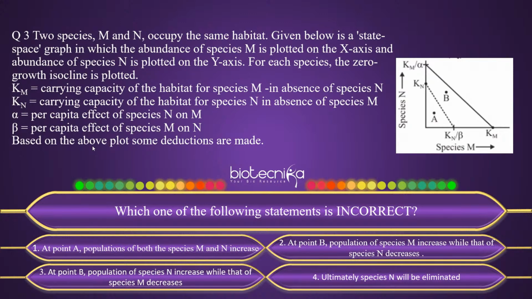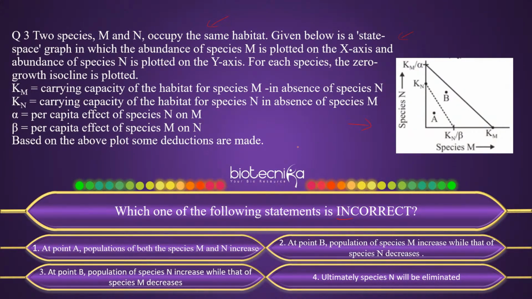Now let us look at our next question, and this is based on the Lotka-Volterra concept. A tricky concept, but again important. Do you know about the Lotka-Volterra competition model equations? If yes, then try this question. Look at the graph carefully and tell me which one of the following statements is incorrect.